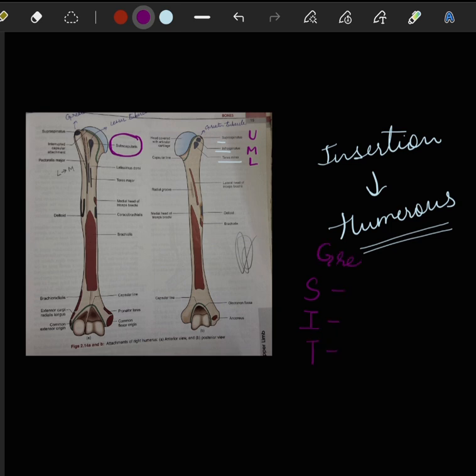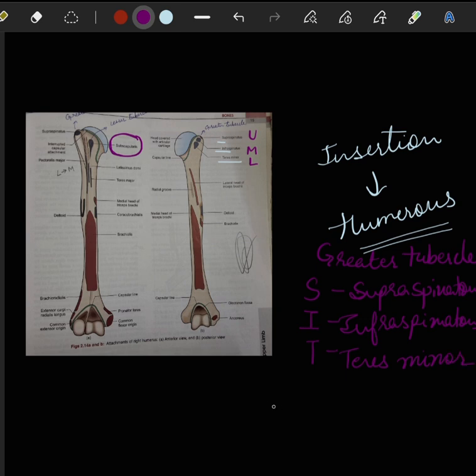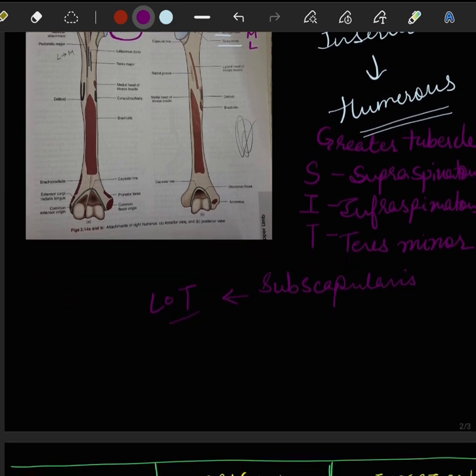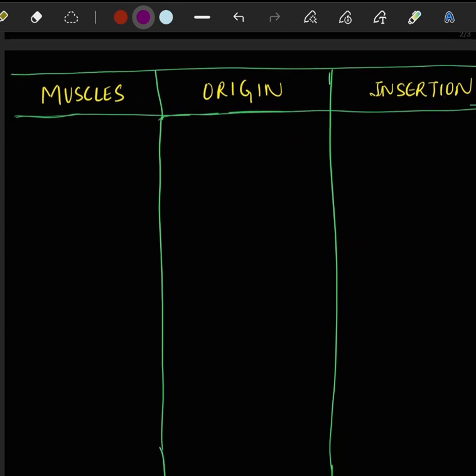Mnemonic for the greater tubercle insertion: S for we have supraspinatus, then we have infraspinatus, and then we have teres minor, and then the leftover, which is subscapularis, that muscle will take insertion at lesser tubercle. So let's write all this neatly.